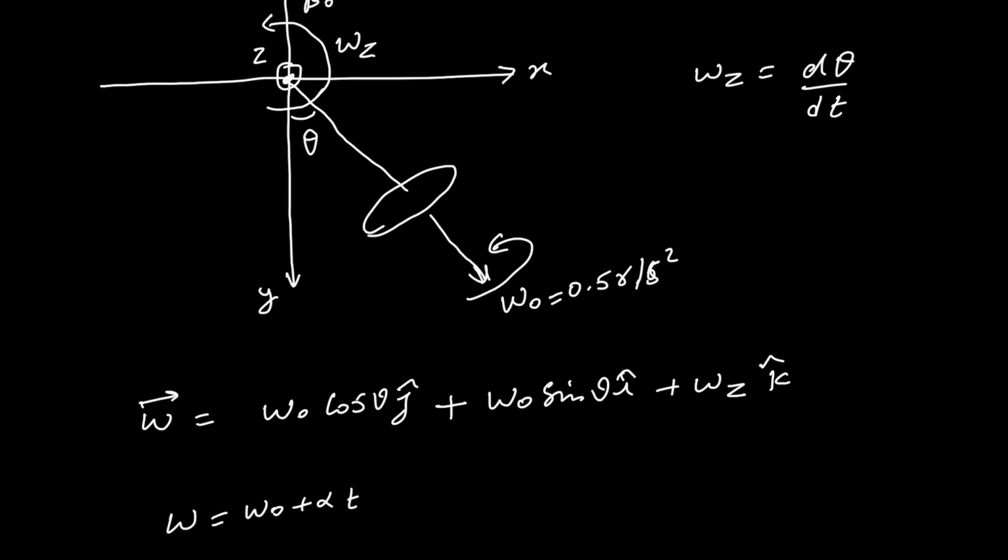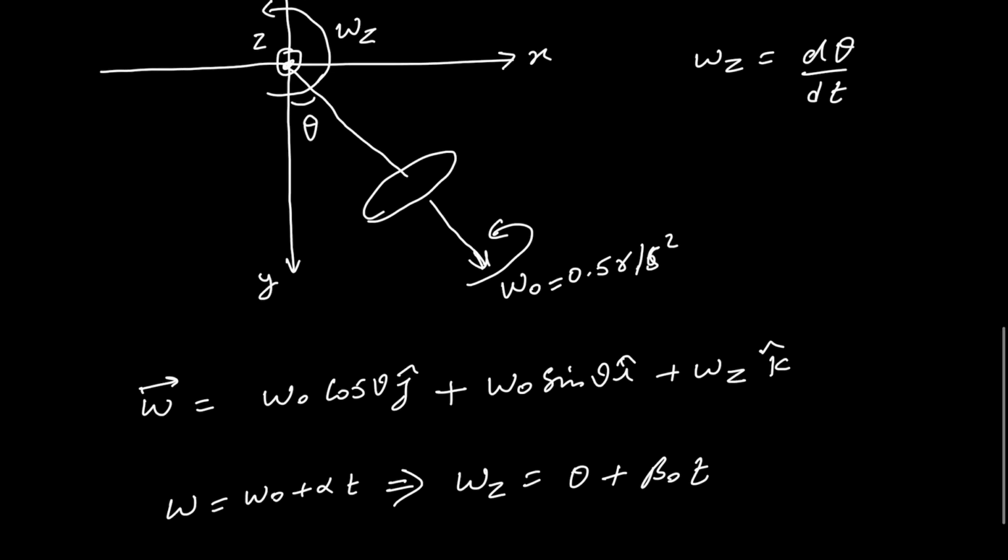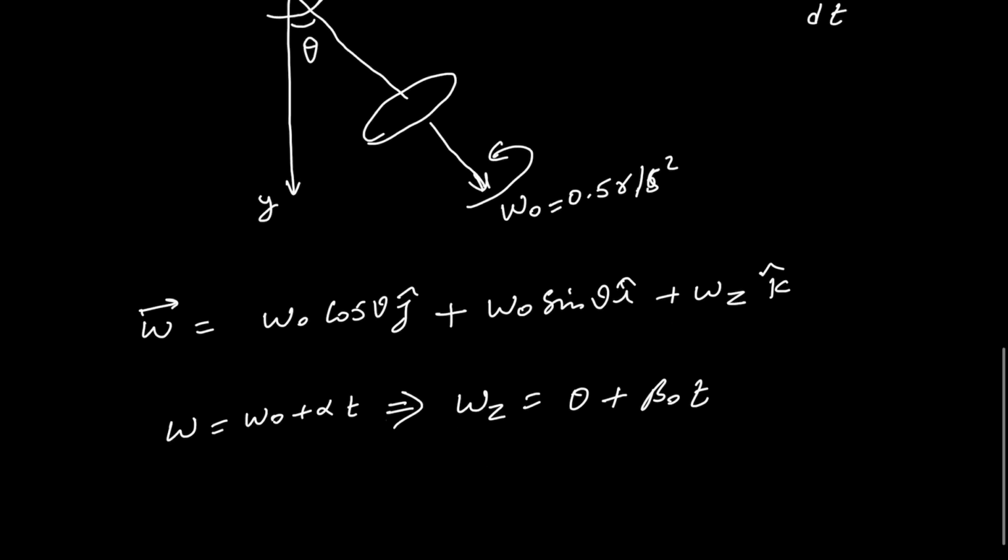So this is basically our formula. If we put values in this formula, you will get omega z. Initially it was at rest along the z axis, so omega naught in this formula is 0. Angular acceleration is given as beta naught and t is the time. So omega z is beta naught t.